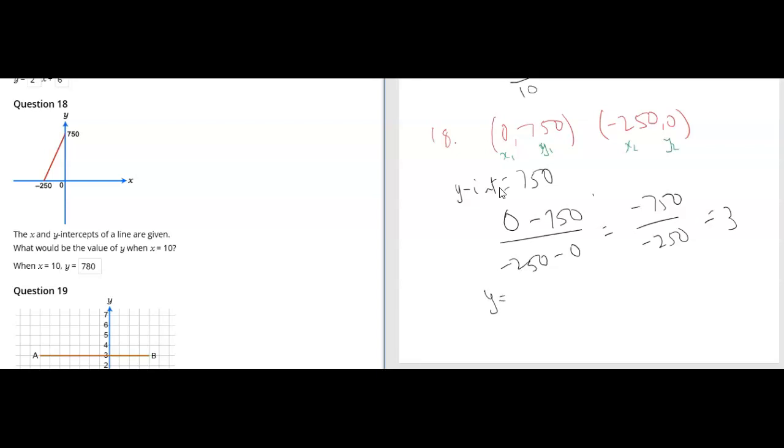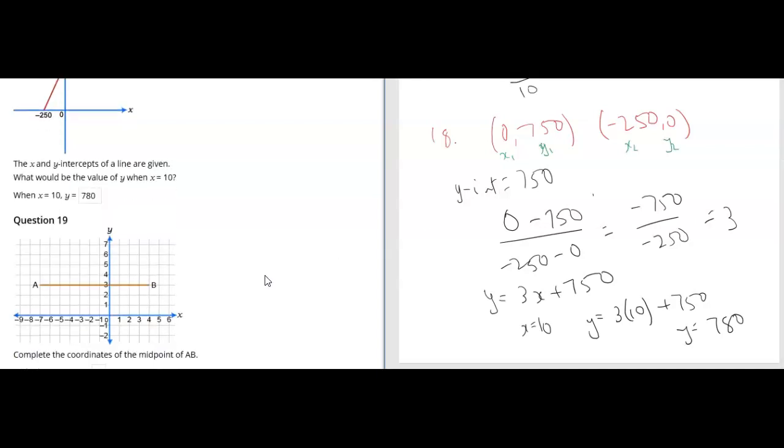So your equation is going to be y equals 3x plus 750. And we want to know y when x is equal to 10. So x is equal to 10, y is equal to 3 times 10 plus 750. So remember, we're just going to substitute in for x. So we've got 3 times 10, which is 30, plus 750 gives you 780.